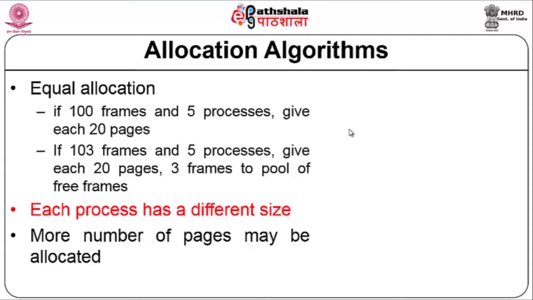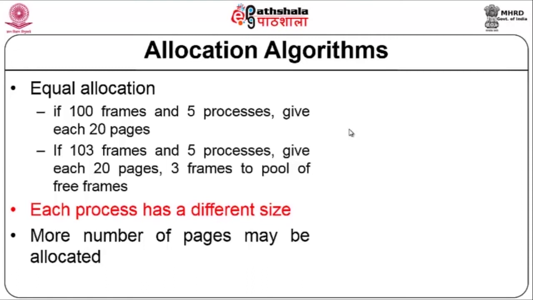What can happen is that you may allocate more pages for one process than it needs. Say one process needs only 2 pages, but if you do an equal allocation, you will allocate more frames for that process. But some process may need say 20-25 pages, and you will allocate only 20 pages for it, and 5 pages may not be allocated for the process.